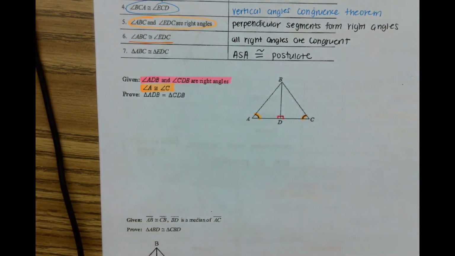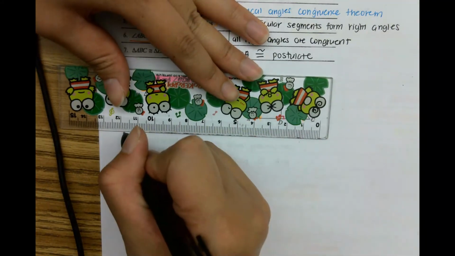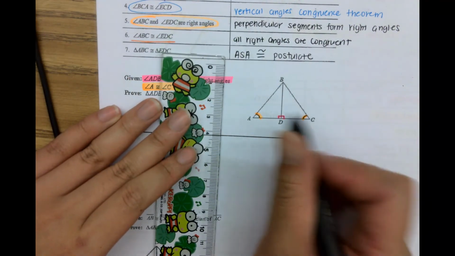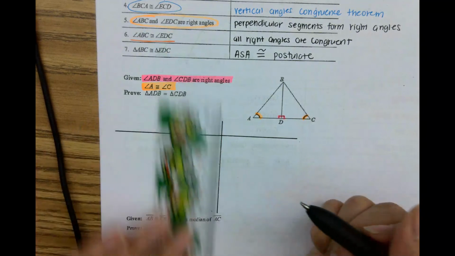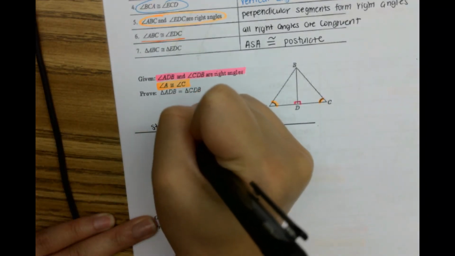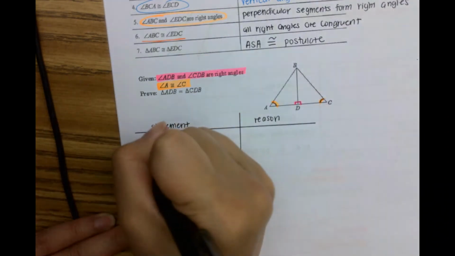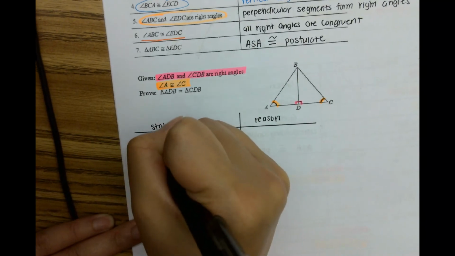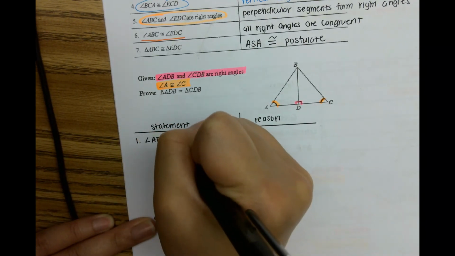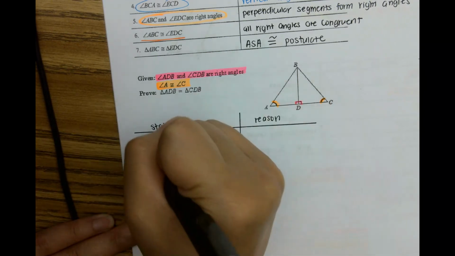So I'm going to make my 2 columns and fill it out: statement and reason. First, angle ADB and angle CDB are right angles.